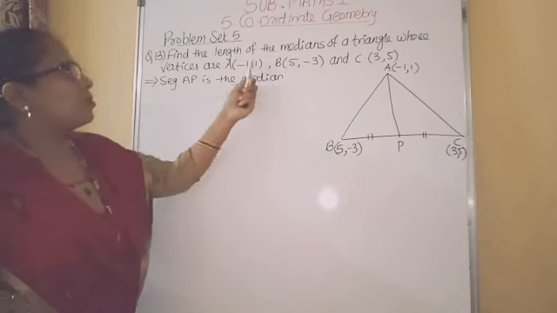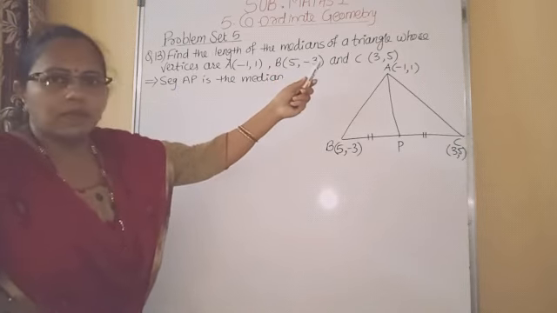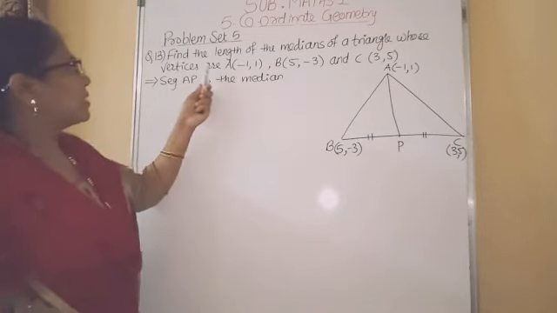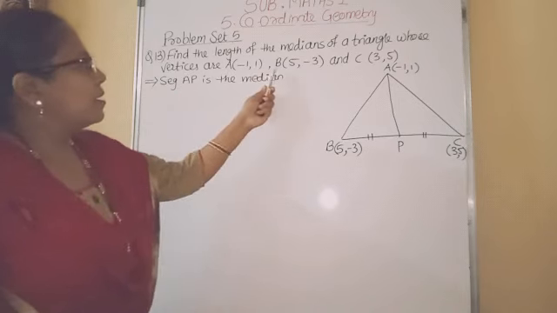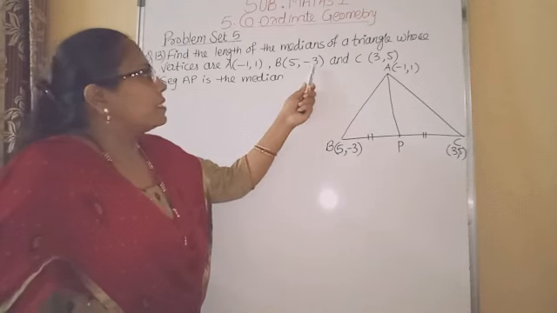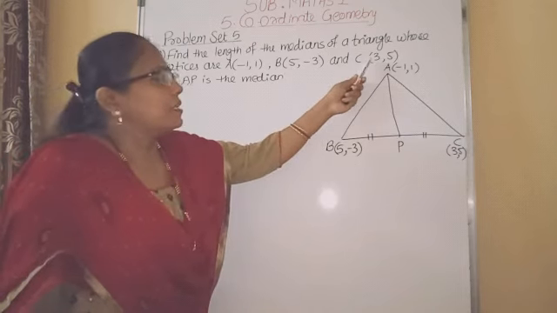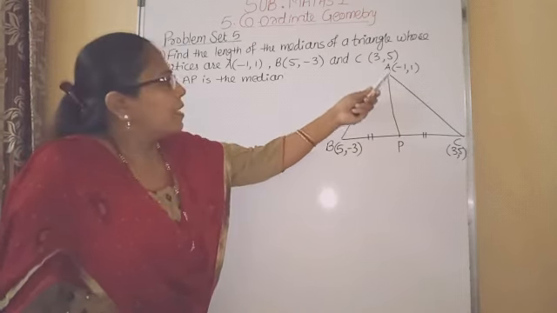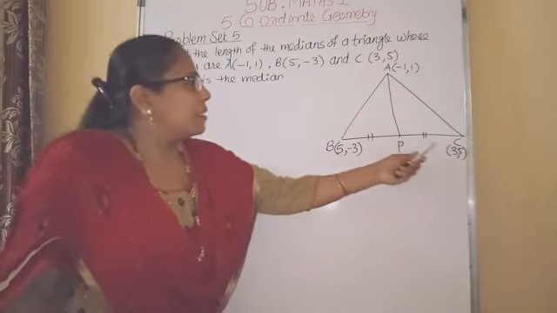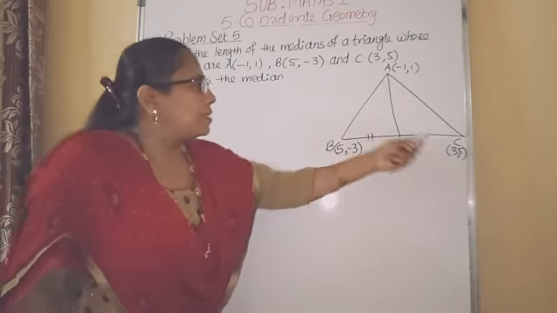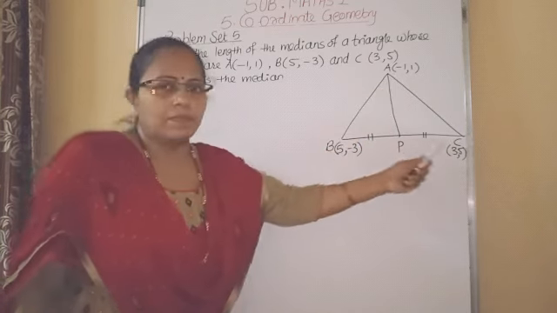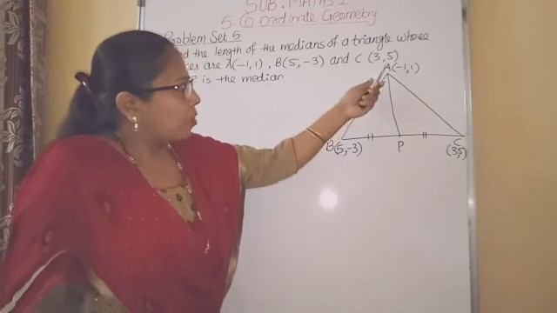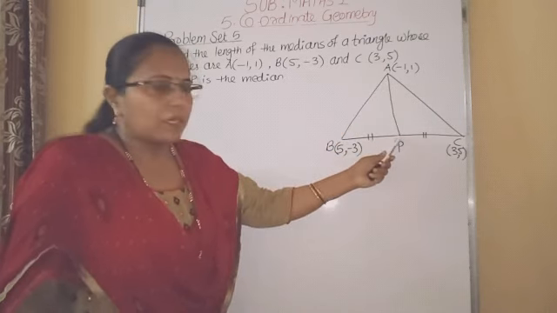Follow number 30. Find the length of the medians of a triangle whose vertices are A (-1, 1), B (5, -3) and C (3, 5). Okay. Here I drawn triangle ABC. A, B, C are the vertices and its coordinates are given. Okay. Let I drawn one segment AP which is the median.